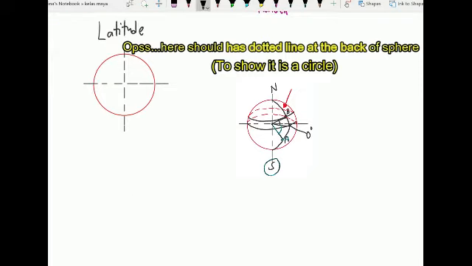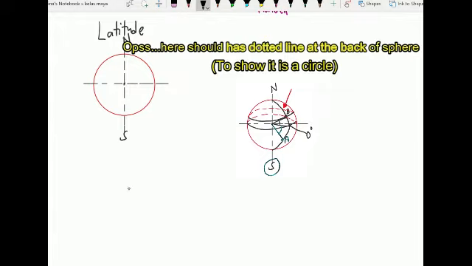So what is the difference? Latitude will involve north and south. For longitude, it will involve west and east. But latitude will involve north and south. So how are you going to write it down, or how are you going to recognize it? It will be like this.